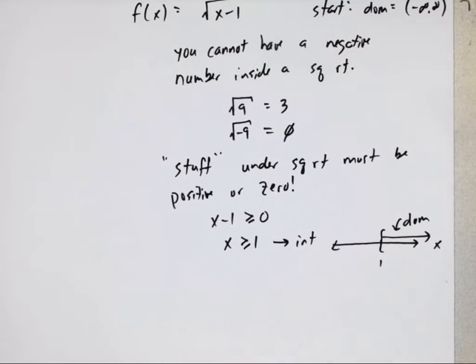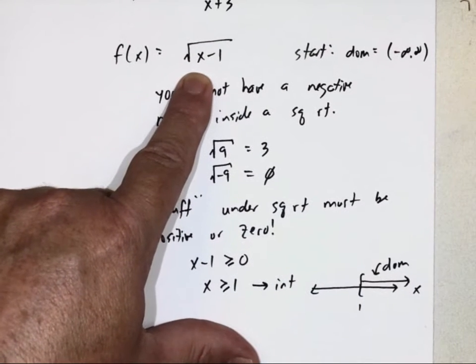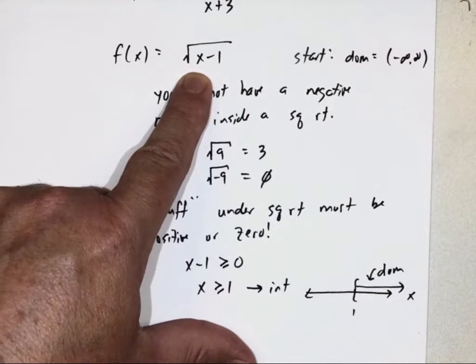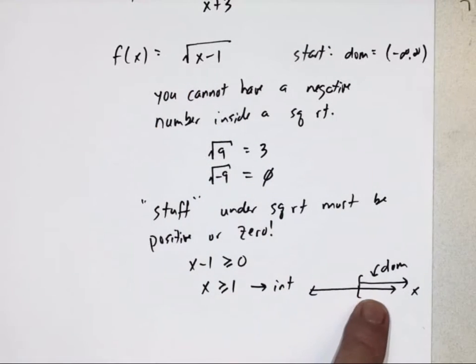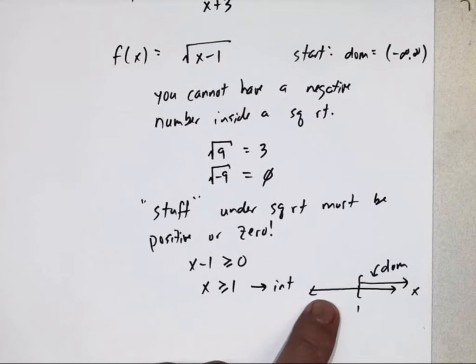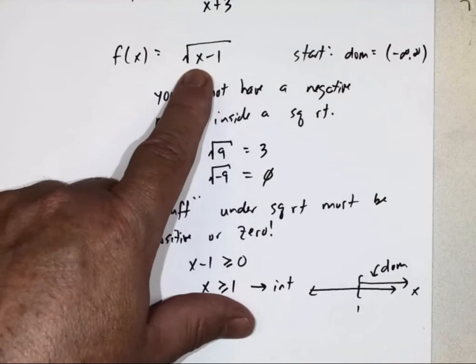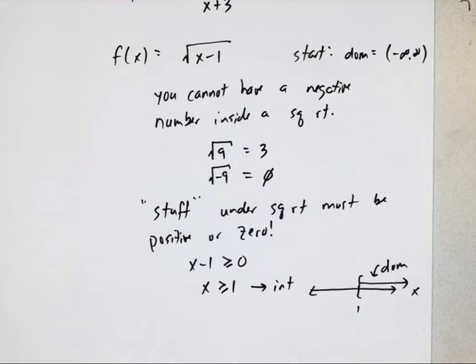Because of this square root up here, if I want everything to be okay, I can only choose values for x that are greater than or equal to 1. Because when I do that, I end up with a positive number in the square root. I can't choose numbers where x is less than 1. Why? Because when I plug it in here, I end up with a negative number under the square root.